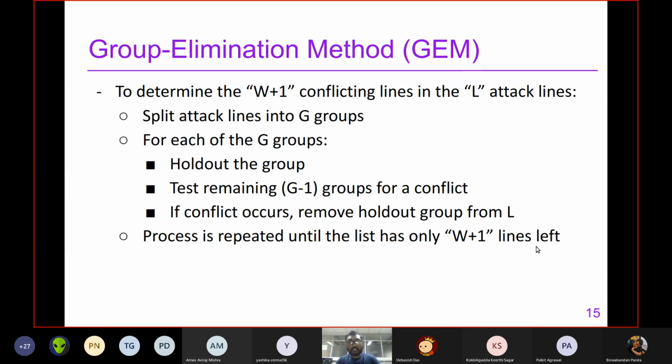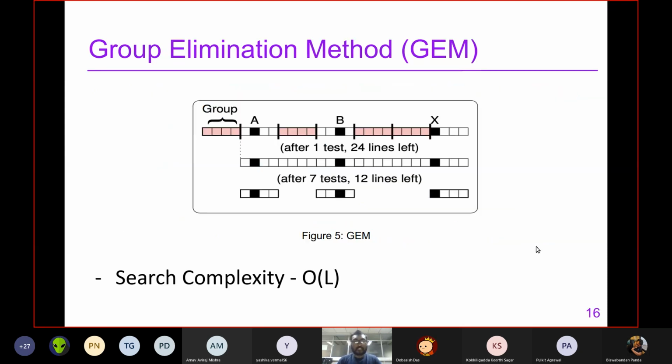This process is repeated till we have W plus 1 lines. Here we have divided these 28 lines into groups of 4, and first we hold out this group, and we can see that there will be a miss, so we can discard this group. After 7 tests we are left with this many lines. Because we are eliminating a group at a time, the complexity comes down to order L, and this is fast.